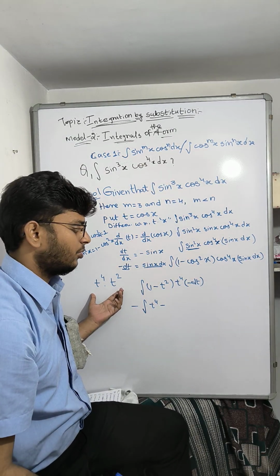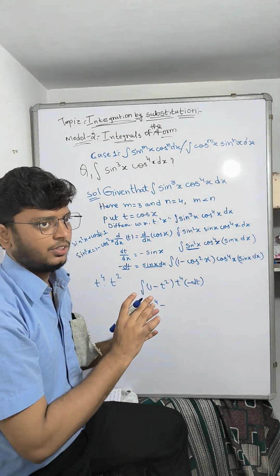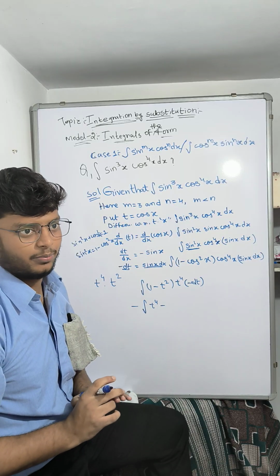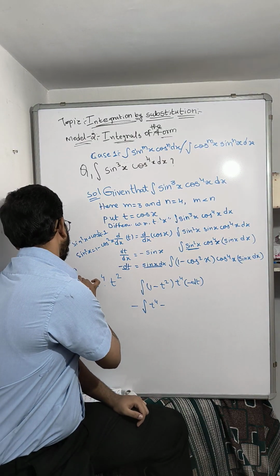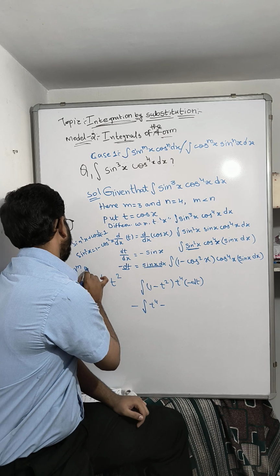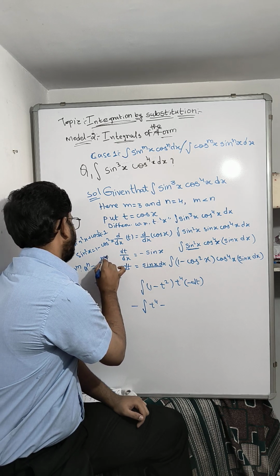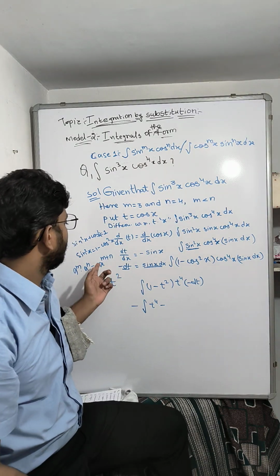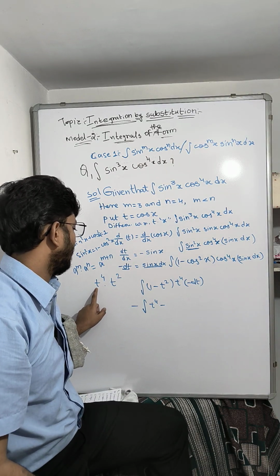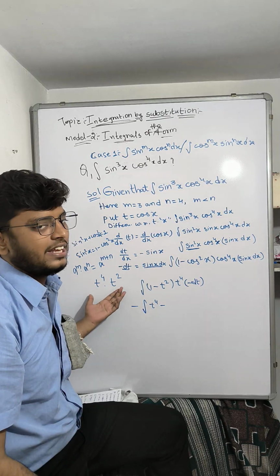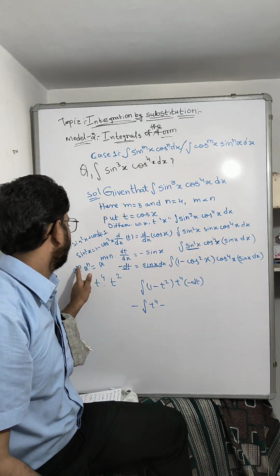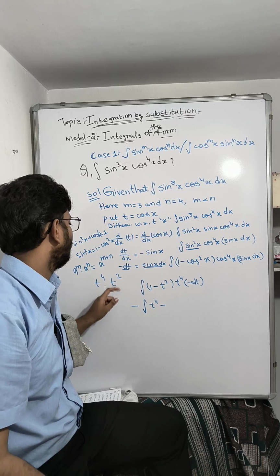This we have to compare with the algebra formula: a to the power of m into a to the power of n is equal to a to the power of m plus n. What is a here? t. Then m is 4, n is 2.